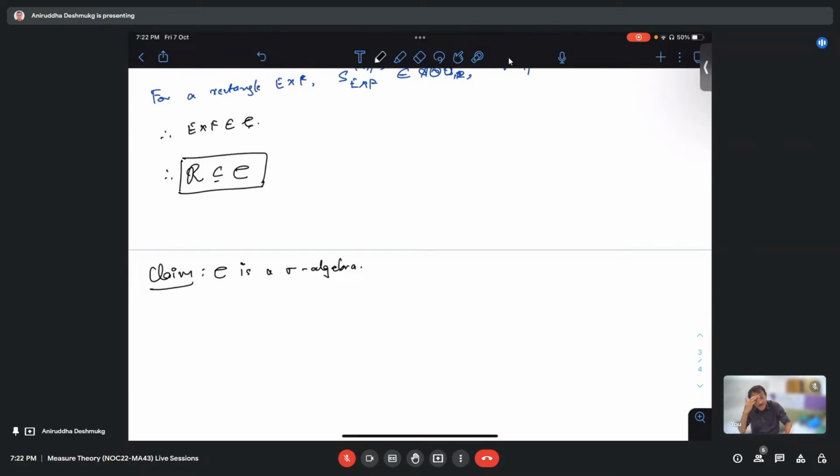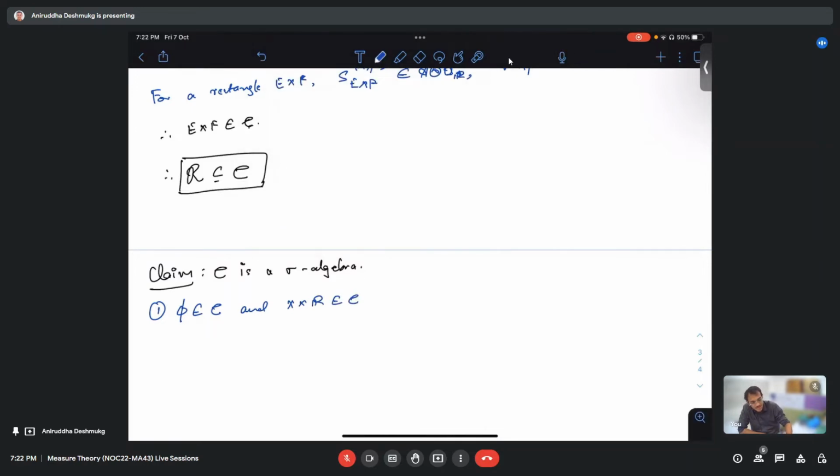What are the things we need to prove to show that C is a sigma algebra? We have to show that C satisfies the conditions for a sigma algebra. So the first thing we need to prove is that the empty set is inside C and X cross R is inside C, right?